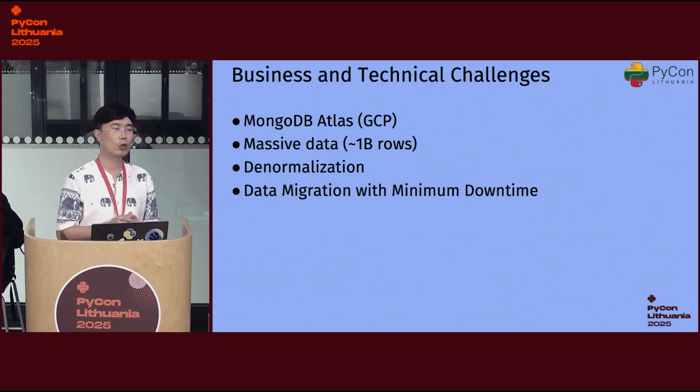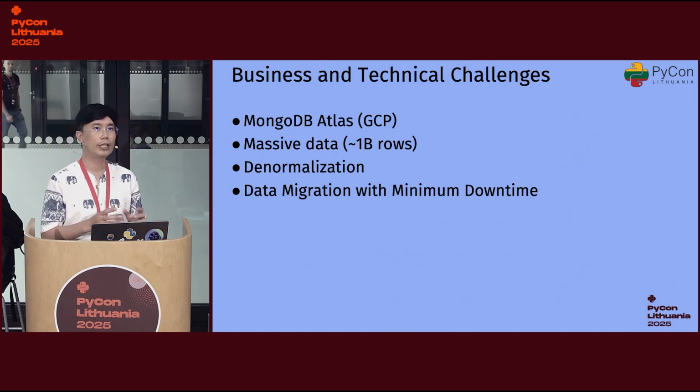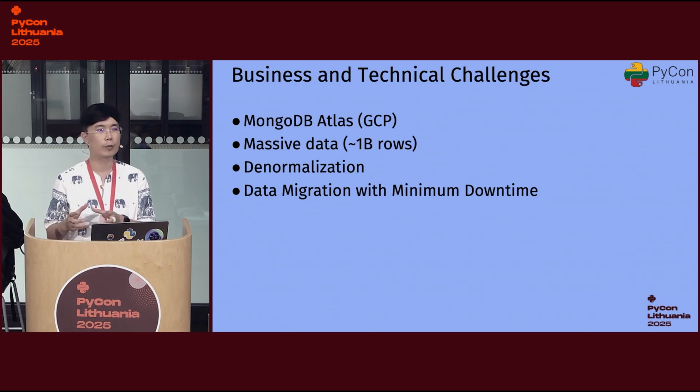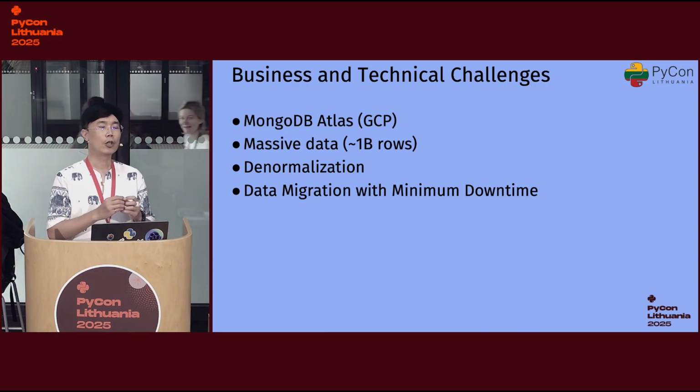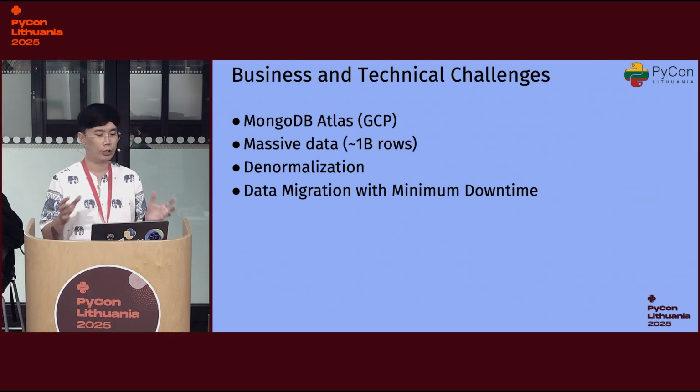MongoDB has two licenses, right? Normally there is the open source one, and another is the enterprise or cloud one, where you can select Google Cloud, AWS, or Azure. You can choose any one in MongoDB.